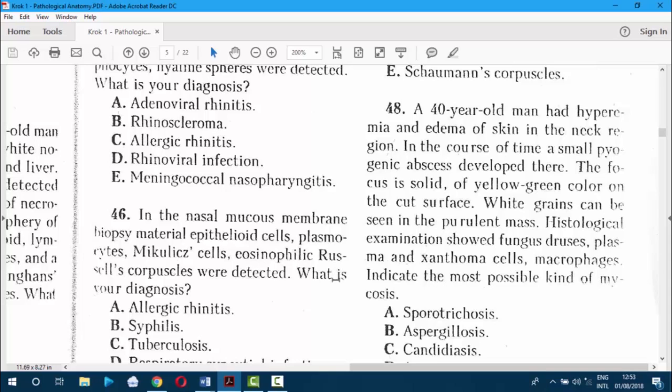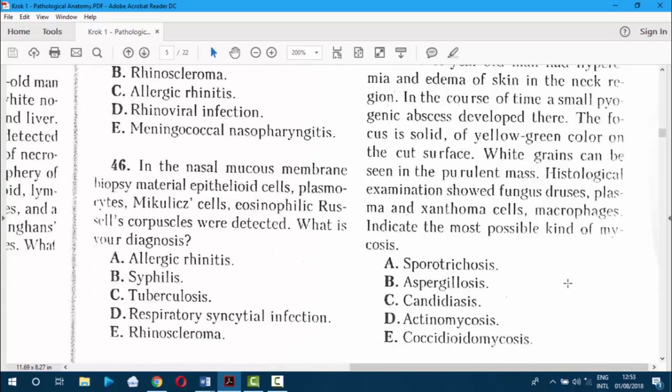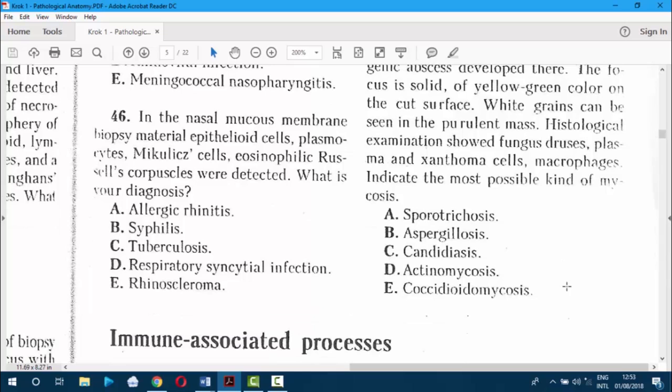Indicate the most possible kind of mycosis. Of course, your answer should be actinomycosis. This is a long-term infection that causes sores or abscesses in the body's soft tissues. It was first thought to be caused by a fungus, but a family of bacteria called Actinomycosis causes it.